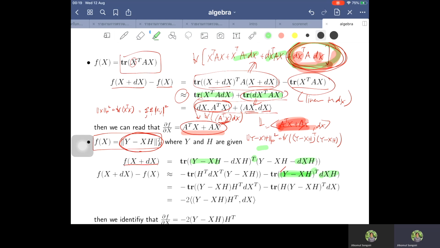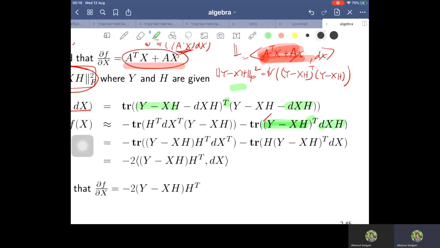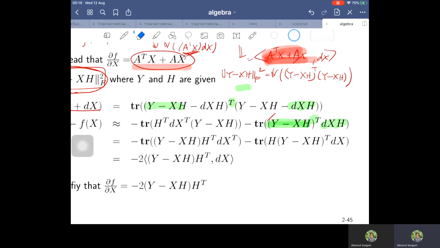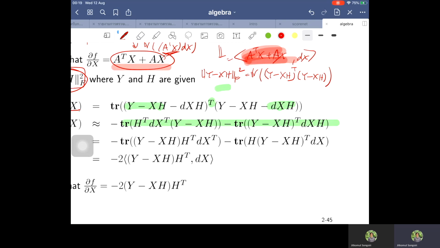Now the remaining step is just to arrange the terms in the second line so that you see conceptually that the second line is just a linear function in dx.